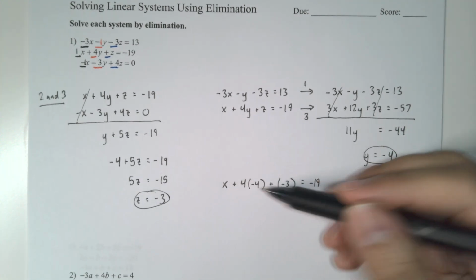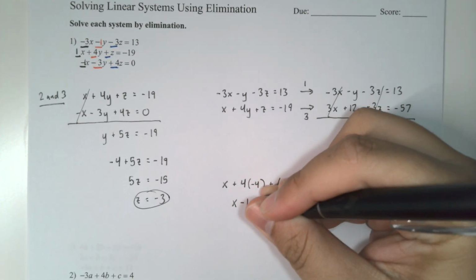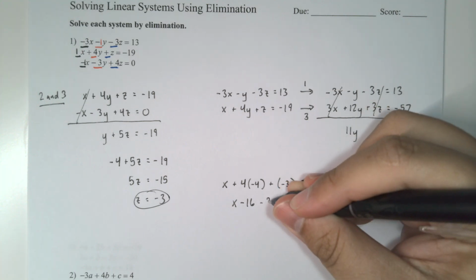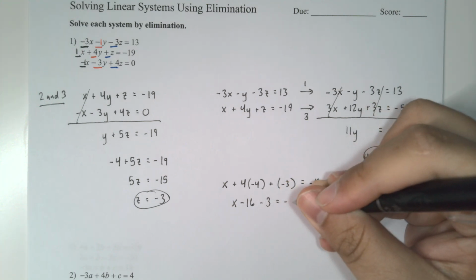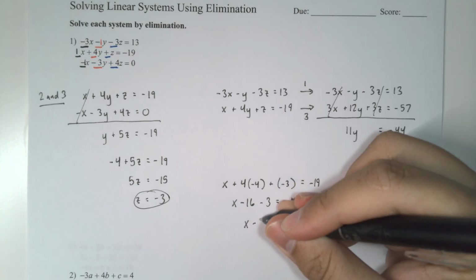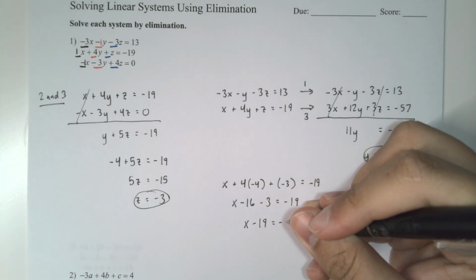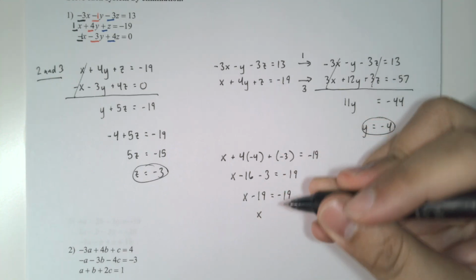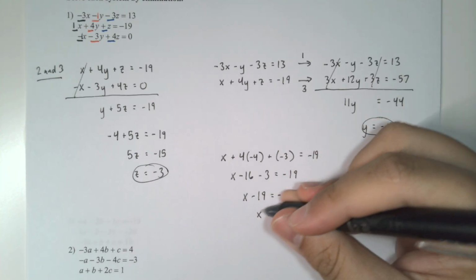And 4 times negative 4 is just going to be negative 16. And then plus negative 3 is really just going to be minus 3. And since we have negative 16 minus 3, that's really negative 19. We have x minus 19 is equal to negative 19, which means if we add 19 to both sides, we get x is equal to 0.